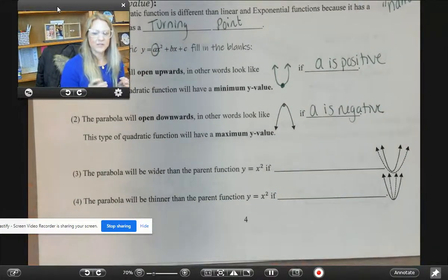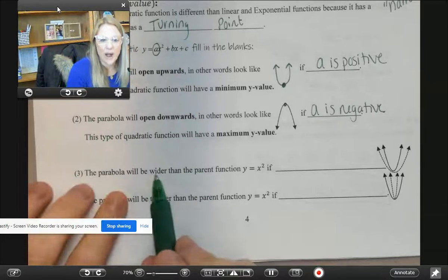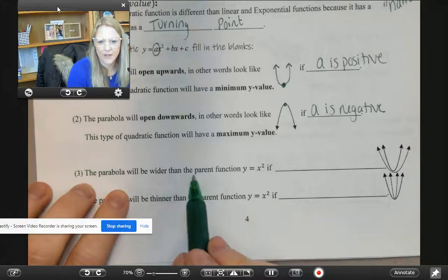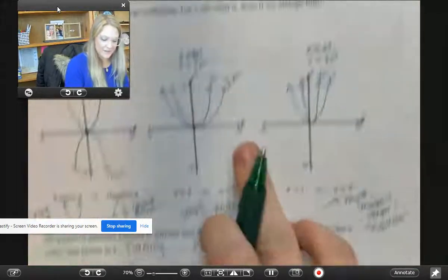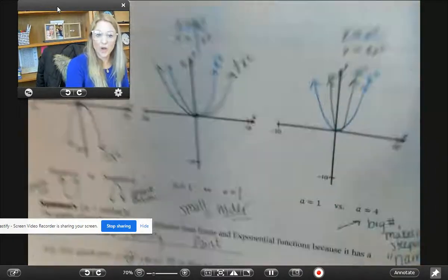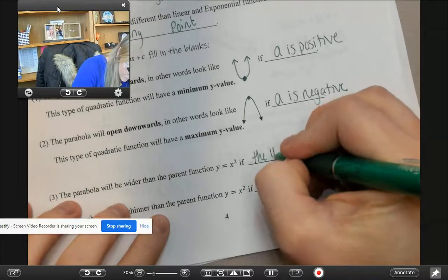So the A value is going to tell us if it's smiling or frowning. And the A value also tells us if it's narrow or wide, okay? The parabola will be wide, okay, wider than this function if, so what makes it wide? When the number is smaller than 1, right?